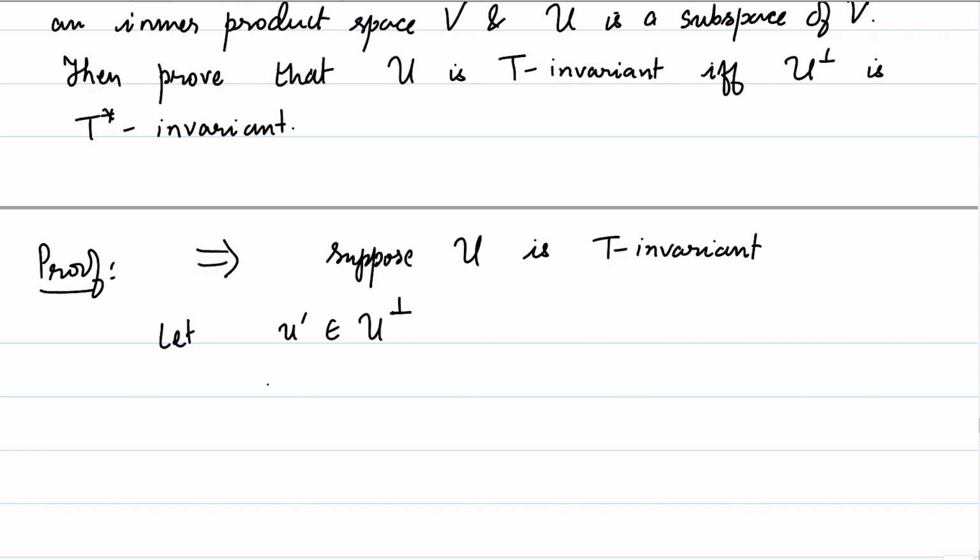We would like to see that it is in the orthogonal complement of U, right? So for u in capital U, consider the inner product of u with T star of u prime. If we show that this is equal to 0 for all such u in capital U, then we would have proved that T star of u prime is in the orthogonal complement of U as well, right?